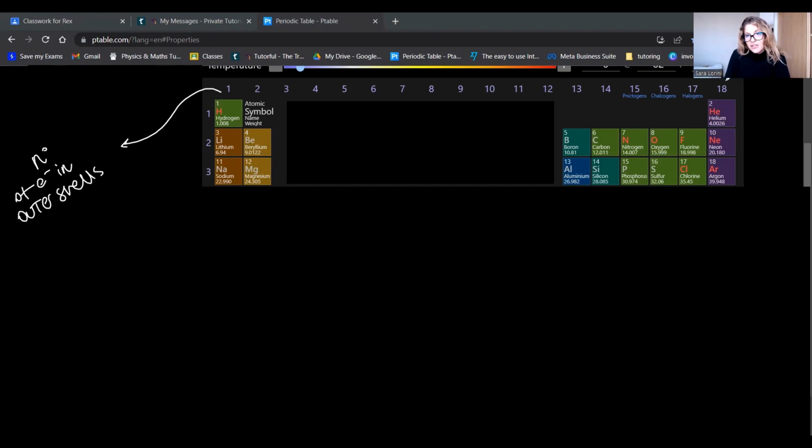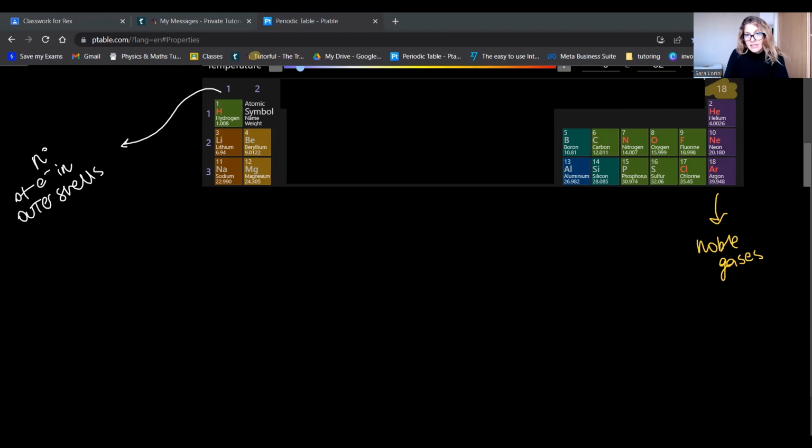And the full electronic configuration would be that of the noble gases, which have a full outer shell. All elements want to have the same number of electrons in the outer shell as the noble gases, because in this way, they are stable.